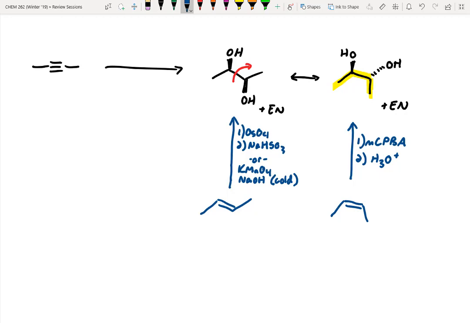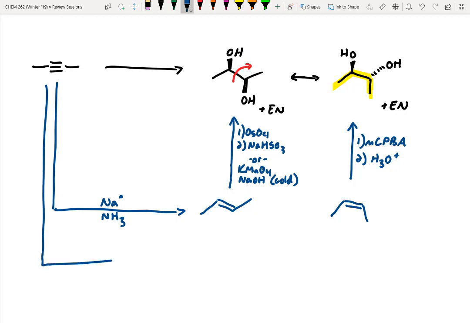So we could go through either of these intermediates and get to our final product, either cis or trans. It just changes the reagents we need after that, right? So then we can say, all right, we can go from our internal alkyne to a trans alkene by using dissolving metal reduction, which we've already done in the previous example. Or we can go to the cis alkene by using H2 and Lindlar's.